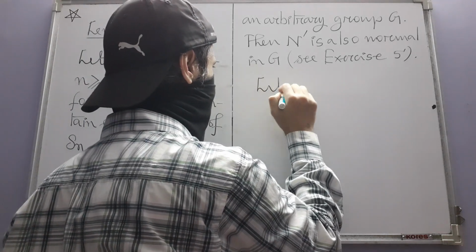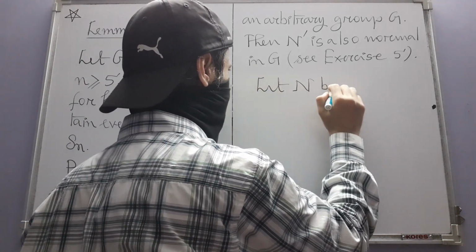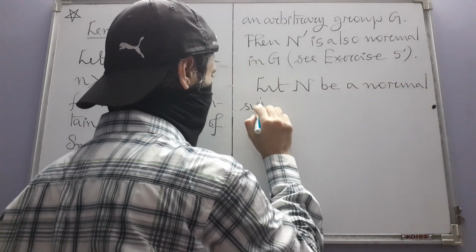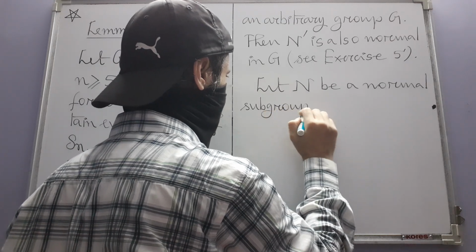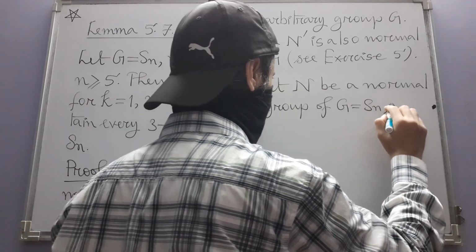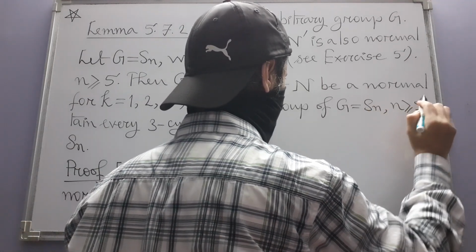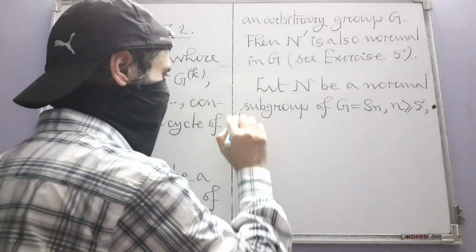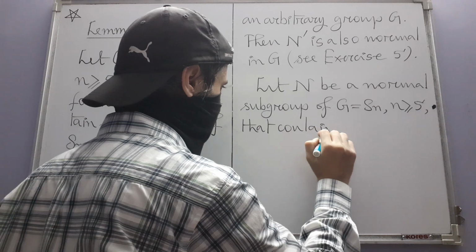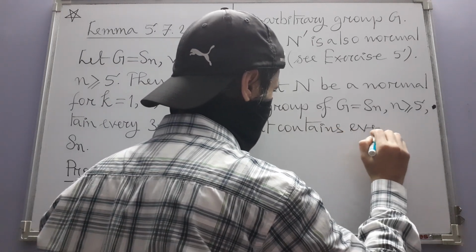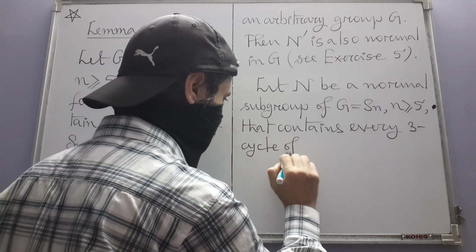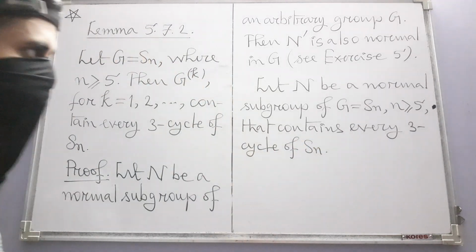Let n be a normal subgroup of G equal to Sn, where n is at least 5, that contains every 3 cycle of Sn.